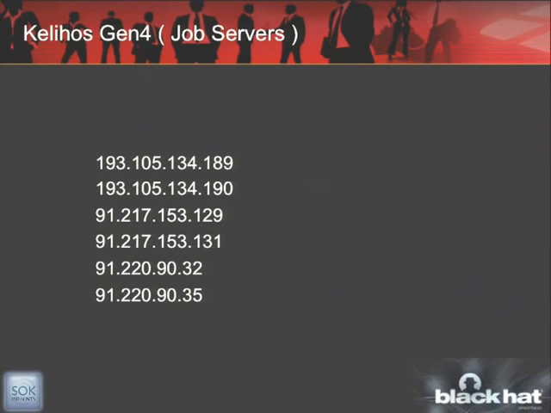And there are more than 300 fast flux domains used by the Kelihos downloader. Those domains are mapped to the proxy nodes, like I said before. So when you ping it twice, you will get different IP addresses, and when you look up the IP addresses, they are actually proxy nodes.